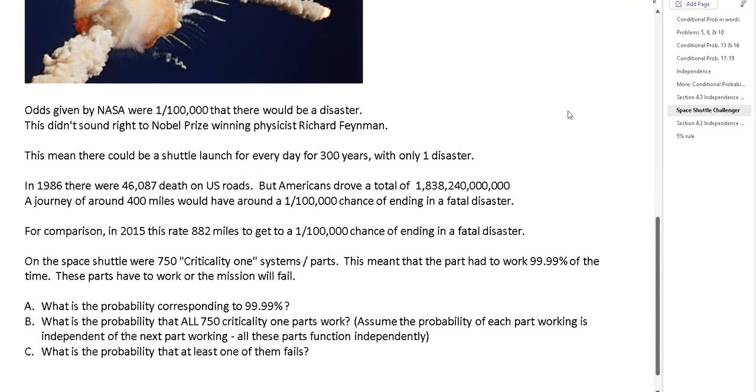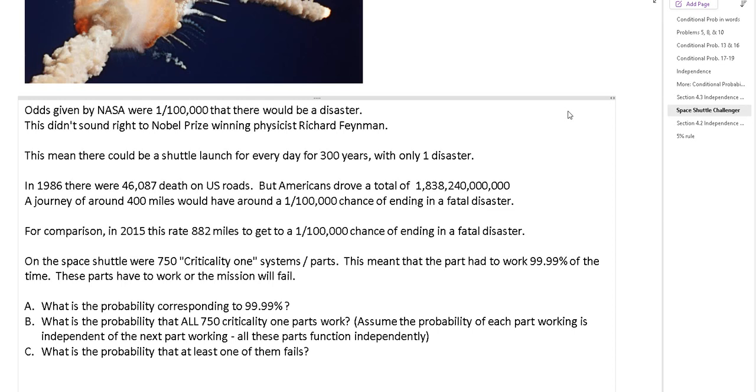Interesting. Now, NASA managers said that the odds of something going wrong were 1 in 100,000. And that sounded like a suspiciously round, arbitrary number to Nobel Prize winning physicist Richard Feynman, who was tasked with trying to figure out what went wrong. 1 in 100,000, that seems pretty odd.